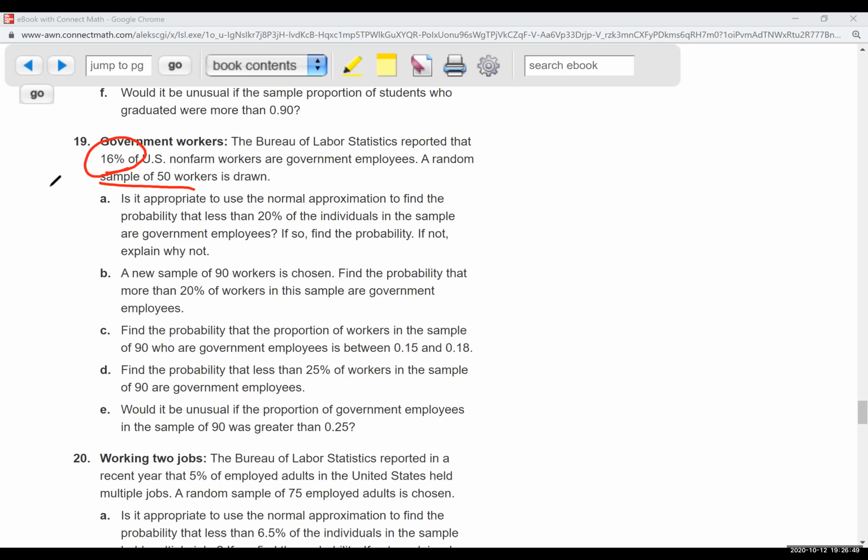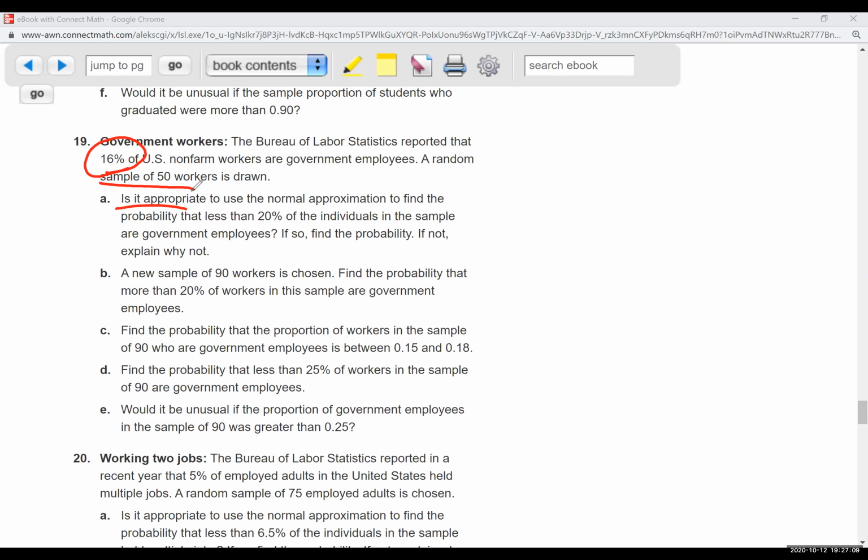Now letter A: is it appropriate to use the normal approximation to find the probability that less than 20% of the individuals in the sample are government employees? If so, find the probability. If not, explain why not. Is it appropriate?